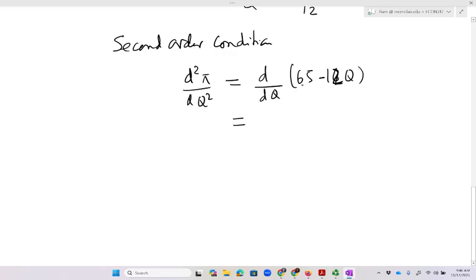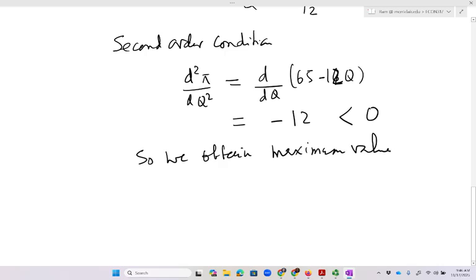And so the first term is a constant, derivative is 0. The second term is minus 12Q, derivative is negative 12, which is a negative number. So we obtain a maximum value of profit at Q equal to 65 over 12.